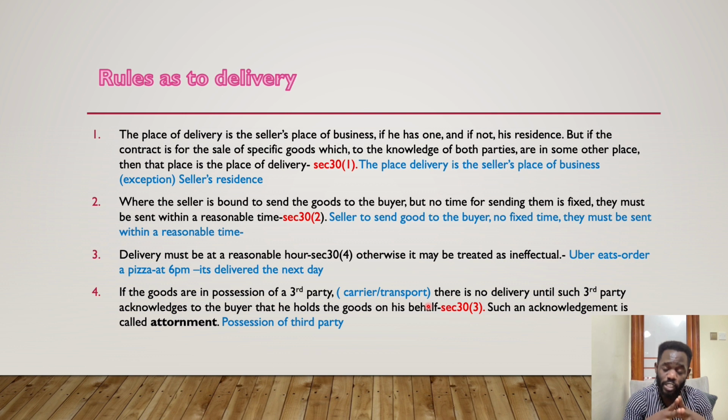And once this acknowledgement has been received by the buyer, then delivery will be considered to have taken place. Now, such an acknowledgement, for a law student, is what we call attornment. And in simple terms, it is the possession of goods by a third party.